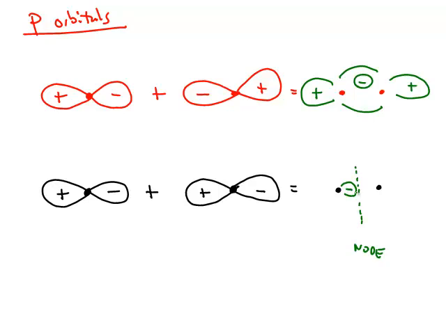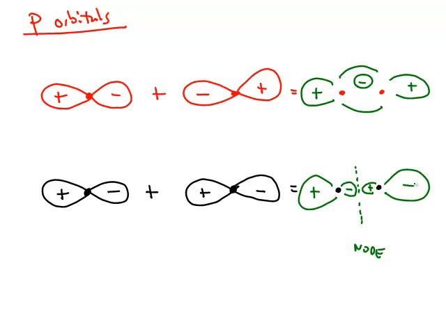It's negative in sign, and then we still have the positive lobe. And on the other p orbital, part of it gets destructively interfered with this negative, but then we still have a little positive lobe, and then on the outside negative.